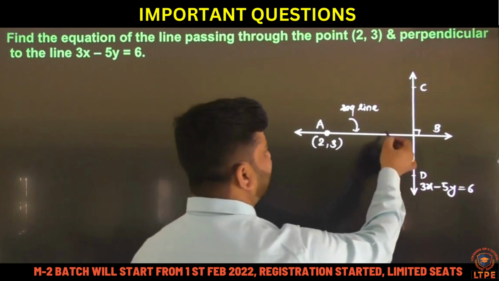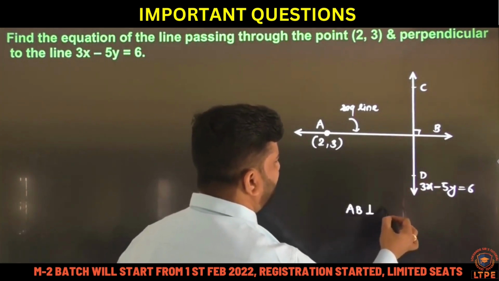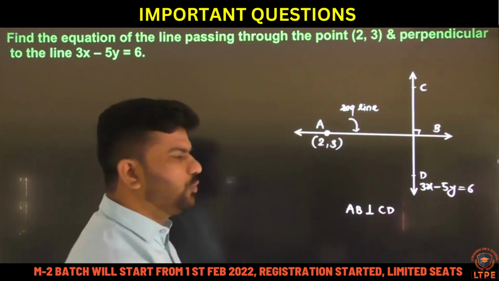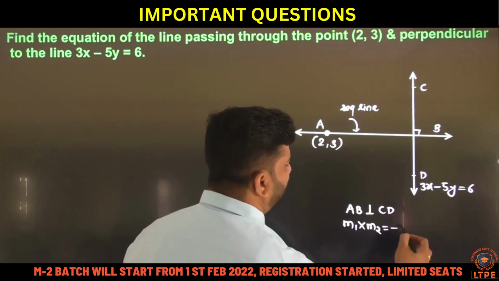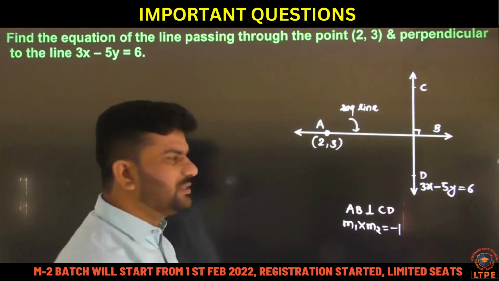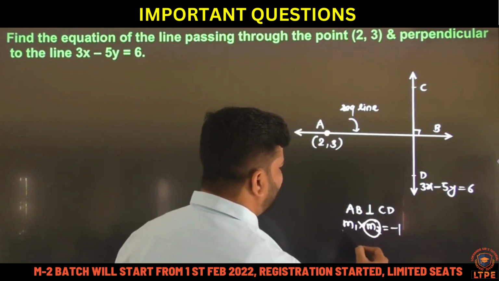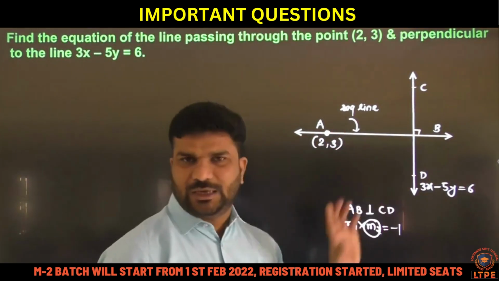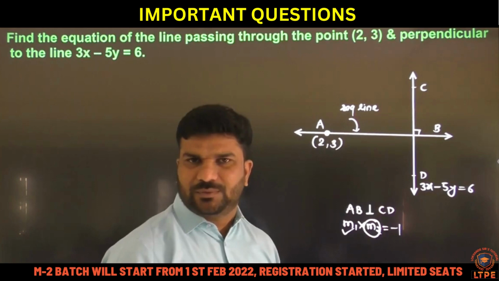These two lines are perpendicular to each other, that is, line AB is perpendicular to line CD. Hence the product of their slopes is equal to minus 1. It means if I calculate the slope of line CD, that is M2, then we can easily find the value of M1, the slope of line AB.